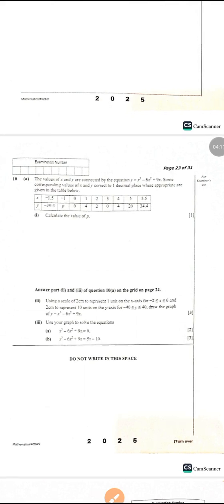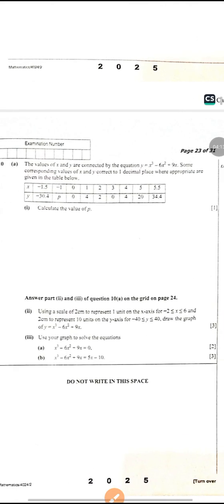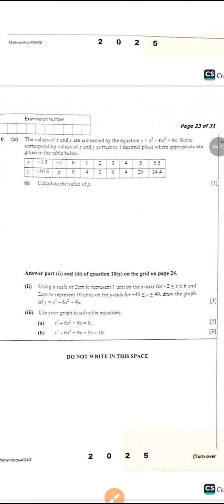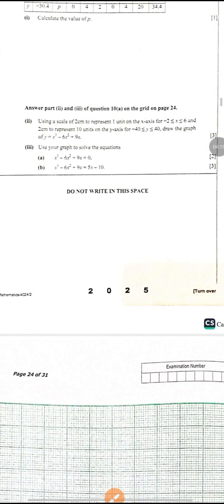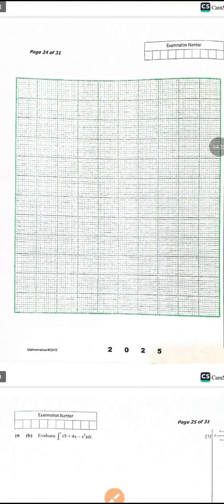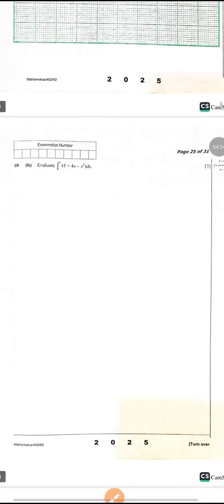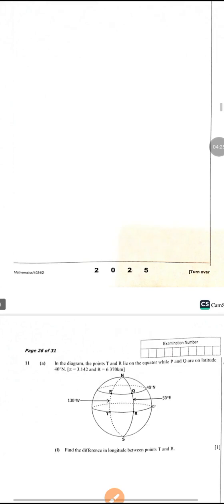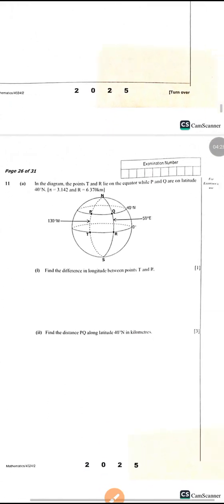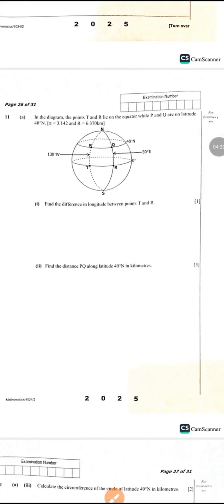Okay, we're having this question, though it is not that clear, but it's also a simple question, just as you can see. And then under that one, we've been given that question to integrate. And then we're having the question under geometry.